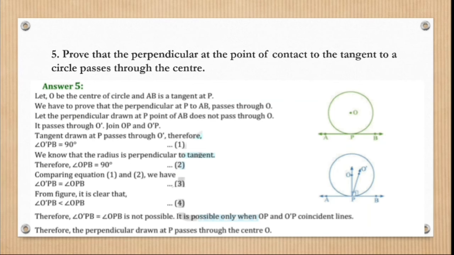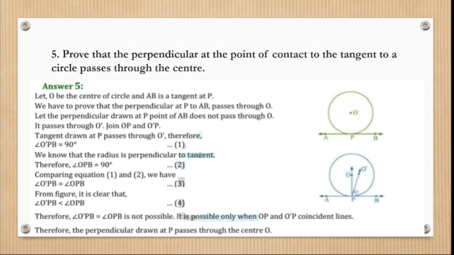Now question number 5. Prove that the perpendicular at a point of contact to the tangent to a circle passes through the center. Suppose AB is a tangent in the diagram. AB is the tangent which touches the circle at the point P. Okay, that means this P is the point of contact.